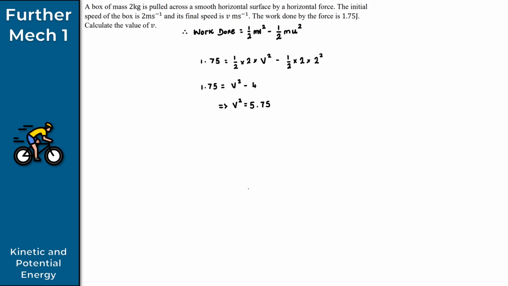And then finally, we just want v, so all we need to do is take the square root of both sides. So v is equal to the square root of 5.75. And if I give my answer to, say, 3 significant figures, what I get is 2.40. Okay, that's 3 s.f. And again, hopefully that was pretty straightforward, all things considered. That gives us the solution to question 2.